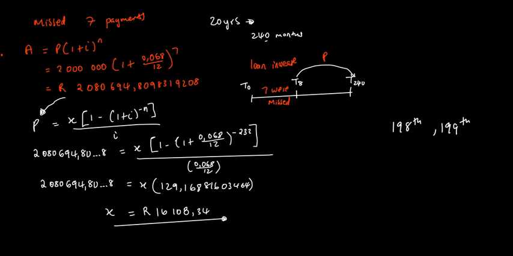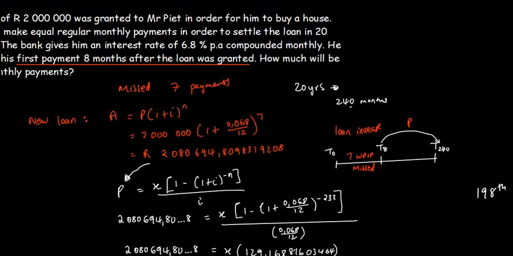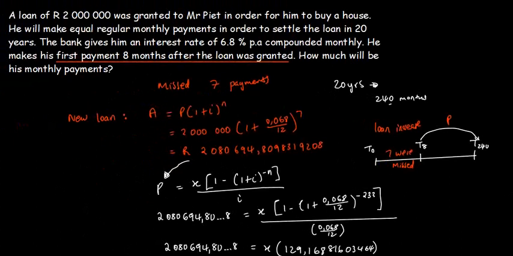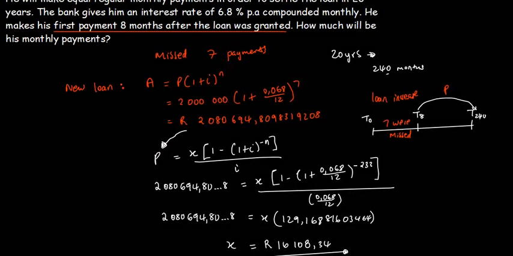Here 7 payments were missed, right? So we did then indicate to you there that because of the missed payments, the loan will grow, or rather will increase, right? So we're going to continue from there and then try to look at what happens if you're going to miss payments maybe along the way.